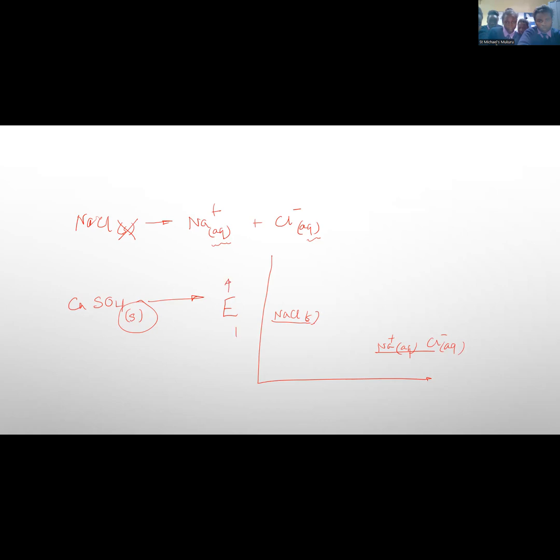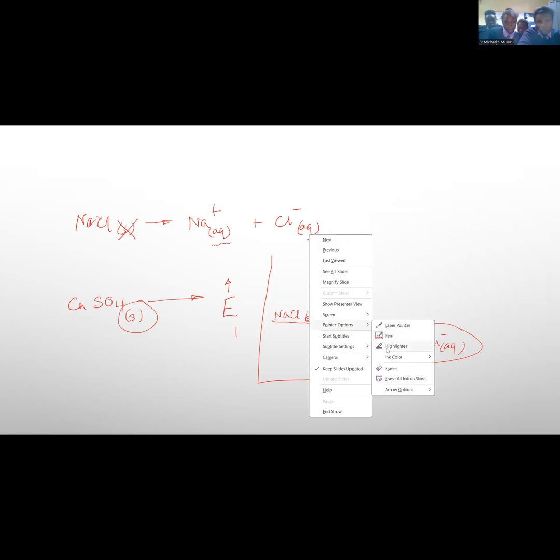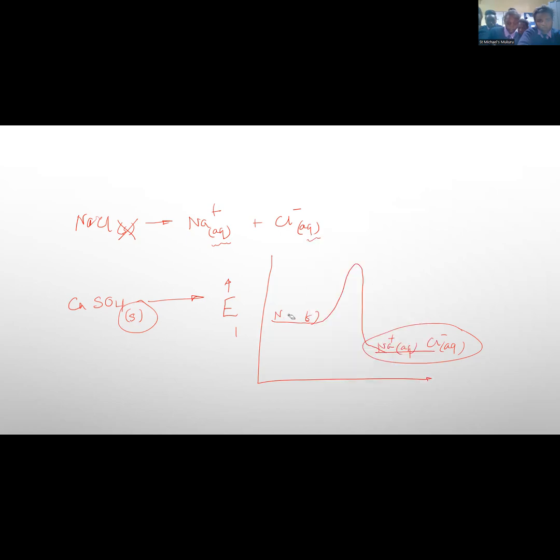I have to put energy in and then I get more out, so it is more stable afterwards. With calcium sulfate, it starts at about the same place. Let me just get rid of what I've got at the moment.